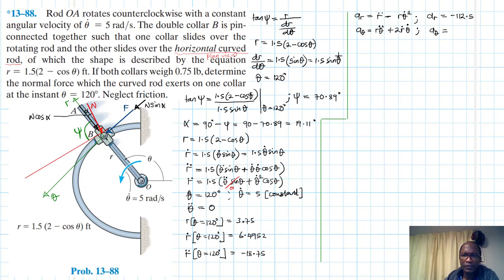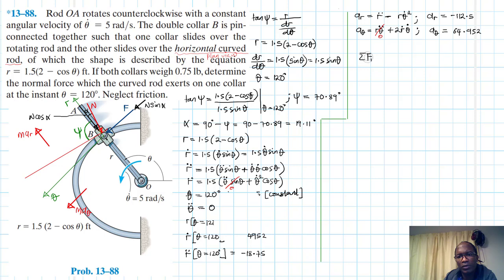So in fact this part here goes to 0 because theta double dot is 0, so it's just 2 by 6.4952 times 5. So we have a 64.952.